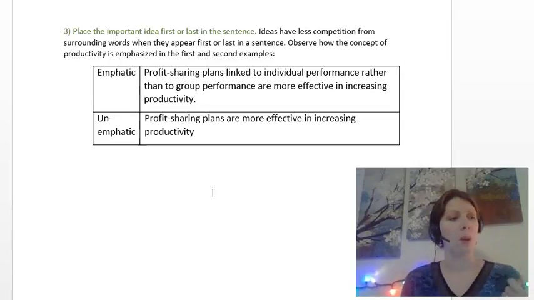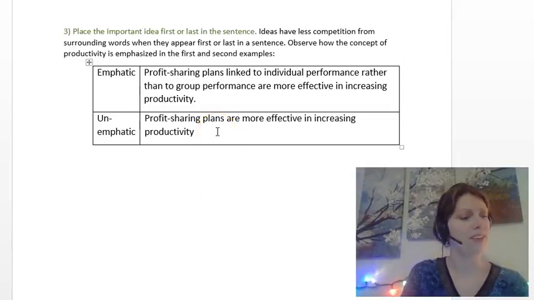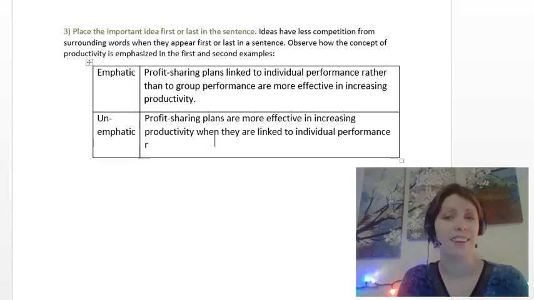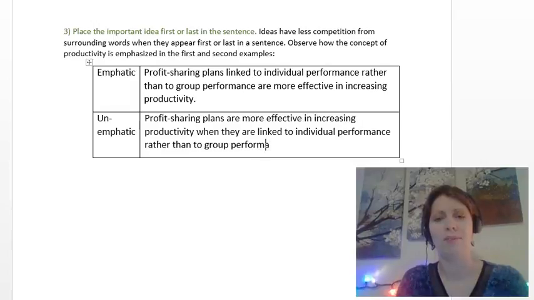versus profit sharing plans are more effective in increasing productivity when they are linked to individual performance rather than to group performance.